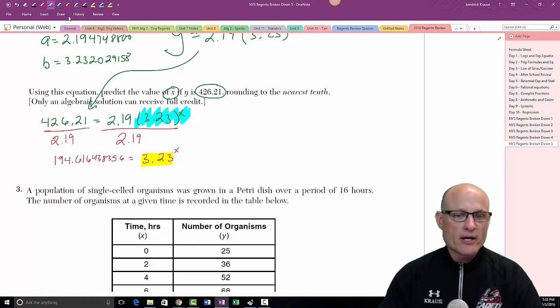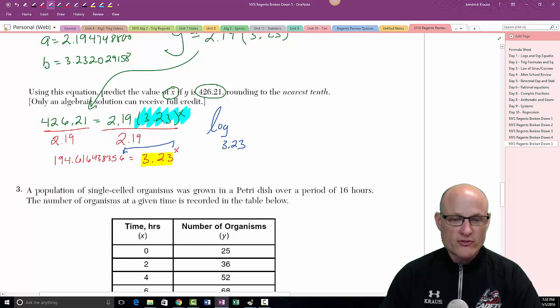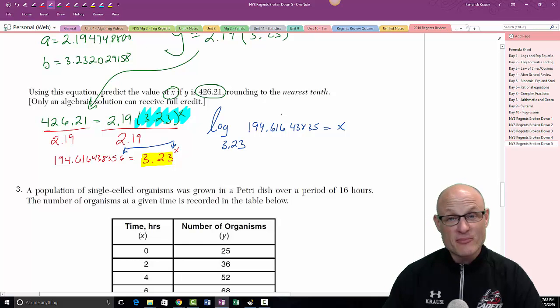So we're going to write log base 3.23. Now these two things switch. Whenever you're going to solve these, the x and this switch. So the 194.616438356 goes here, equals x. That's how you do it. It's called change of base.